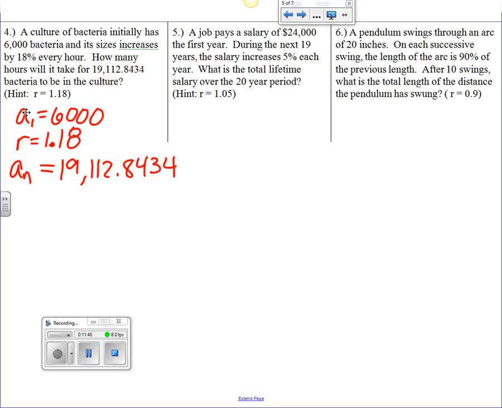All right. So Ethan, which formula are we using? The top one. So for AN, I'm putting in 19,112.8434 equals A1 is 6,000. R is 1.18. And Autumn, what goes in for N?